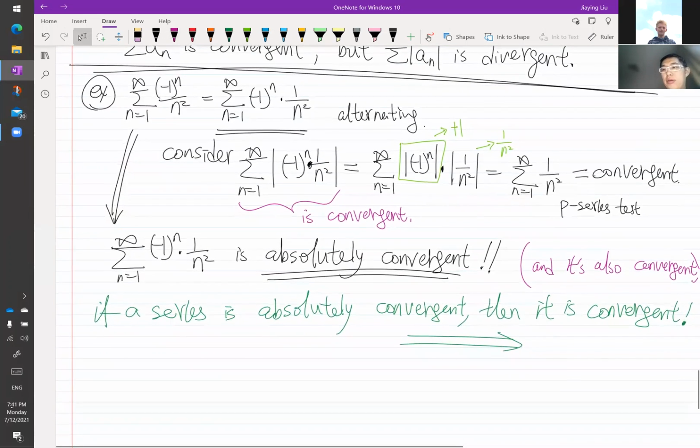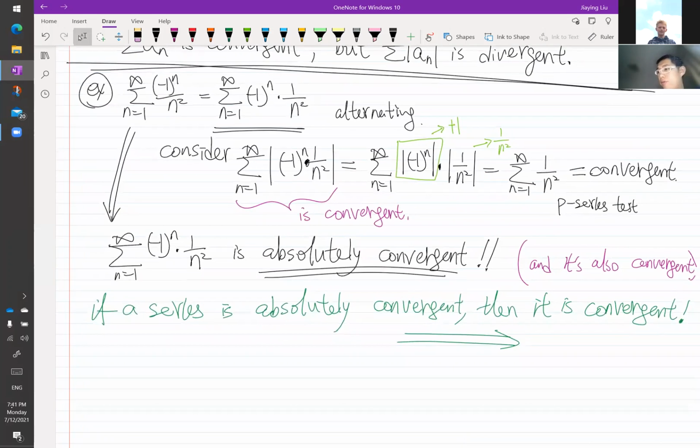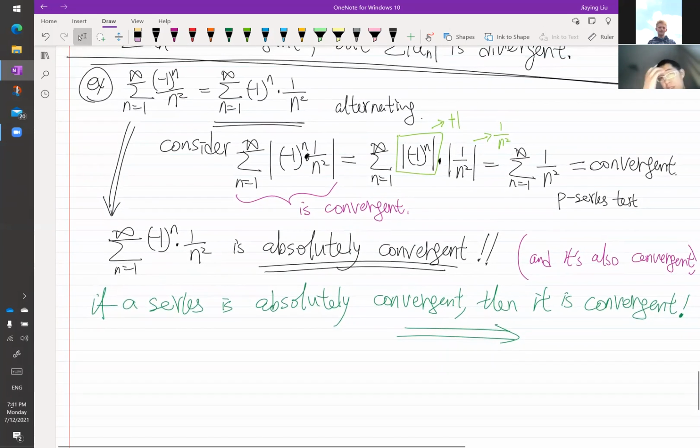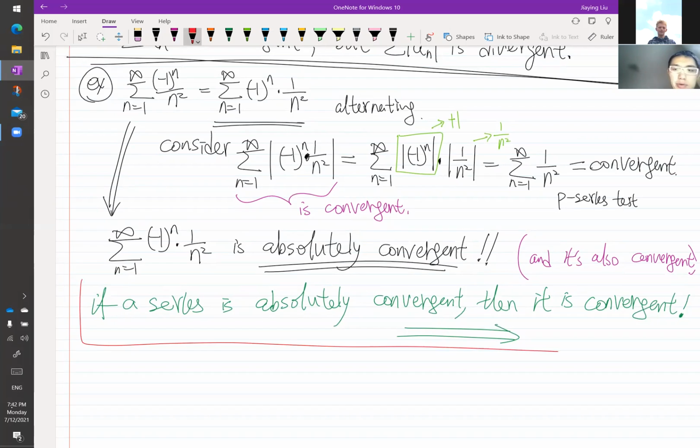But you guys are going to be okay. A lot of you are smart. So any questions about this example? So let me box this because this is the theorem.